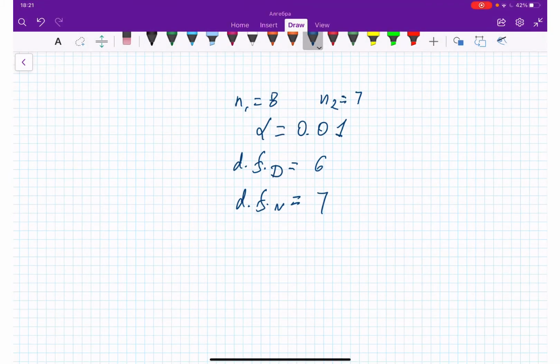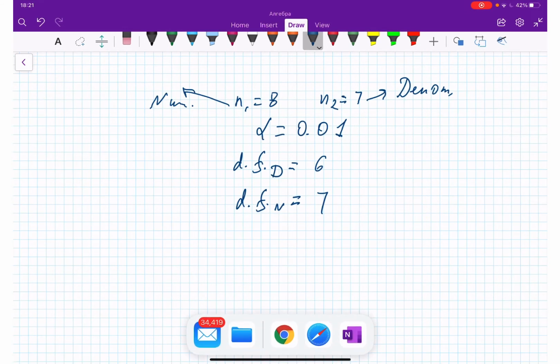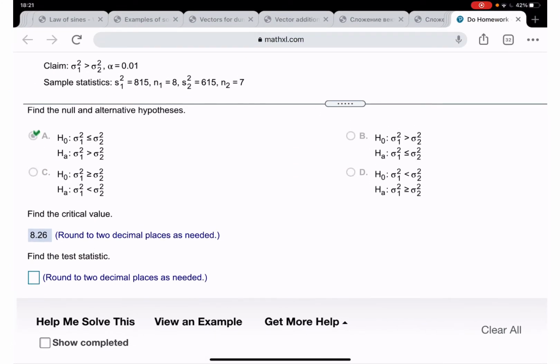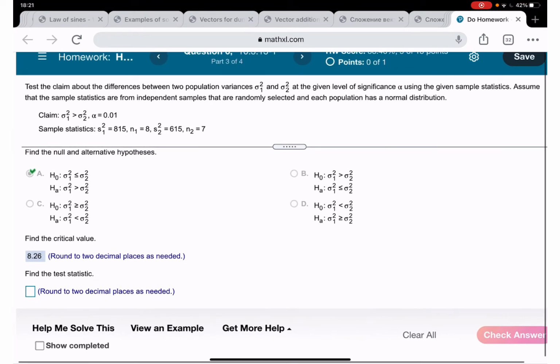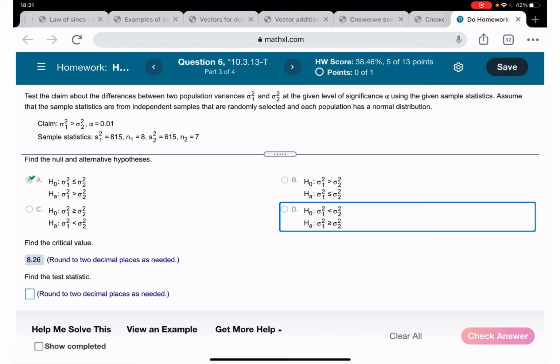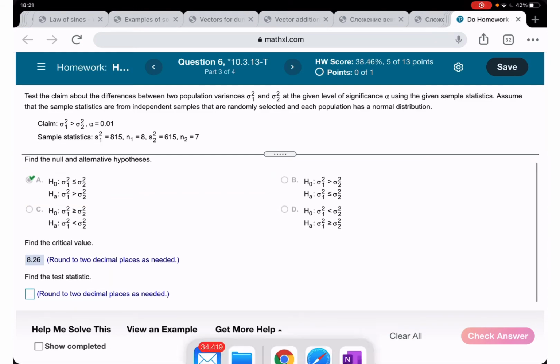I want you to remember the smallest one is always going to be in the denominator, and the greatest sample size goes into the numerator. Keep that in mind, please. And the test statistic, how much is it going to be? The test statistic is going to be, we need to take and divide. So S1 squared is 815. Let me see.